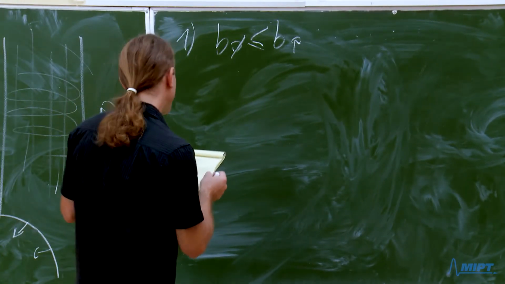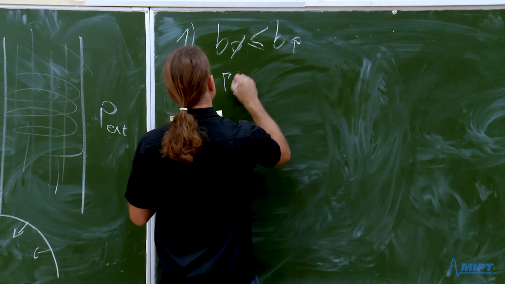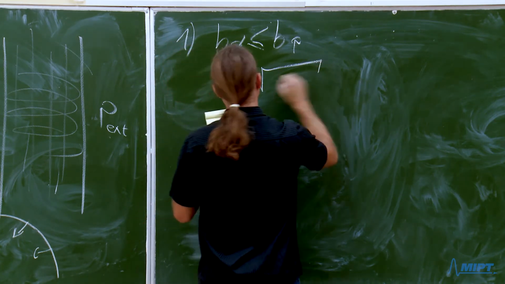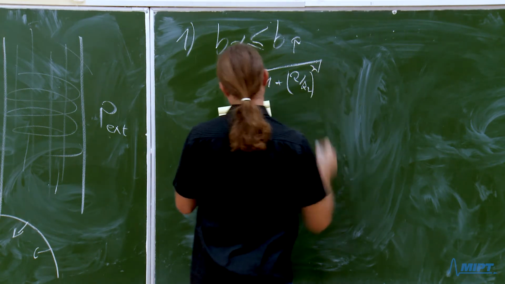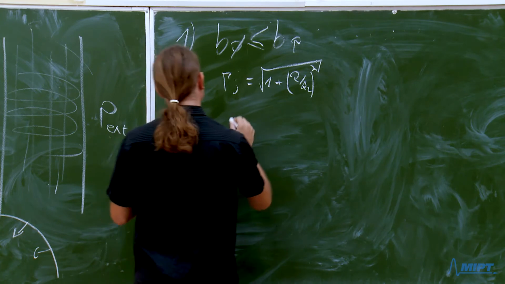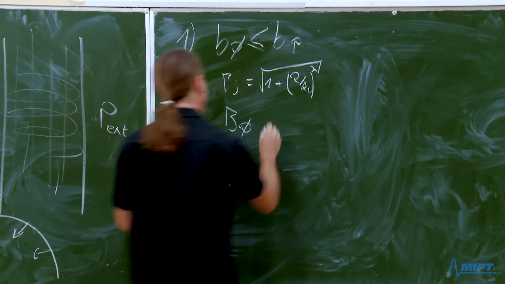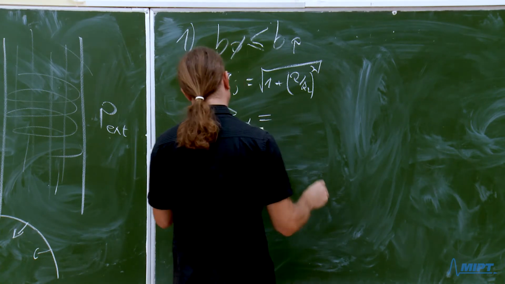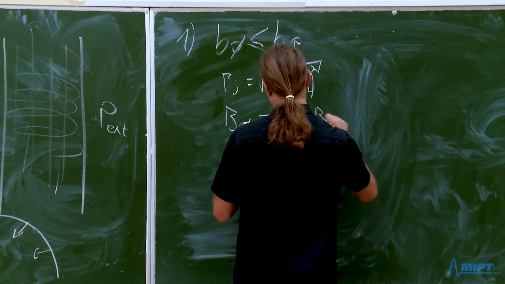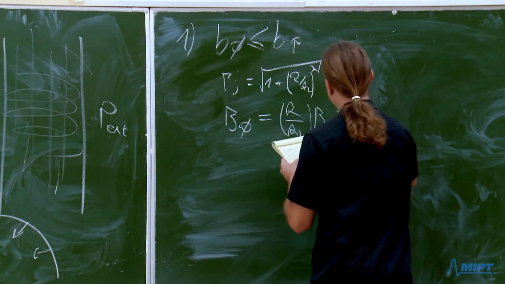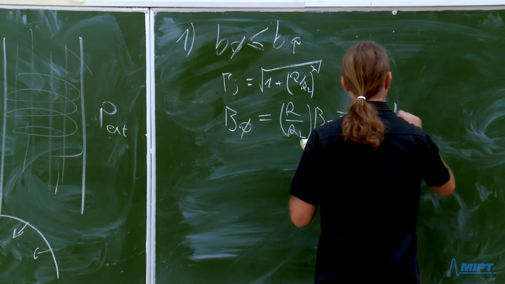Okay, so in this regime, what I have is that gamma j, remember, is equal to the square root of 1 plus r divided by rL squared. Okay? And B phi in the lab frame is equal to r divided by rL times Bp.